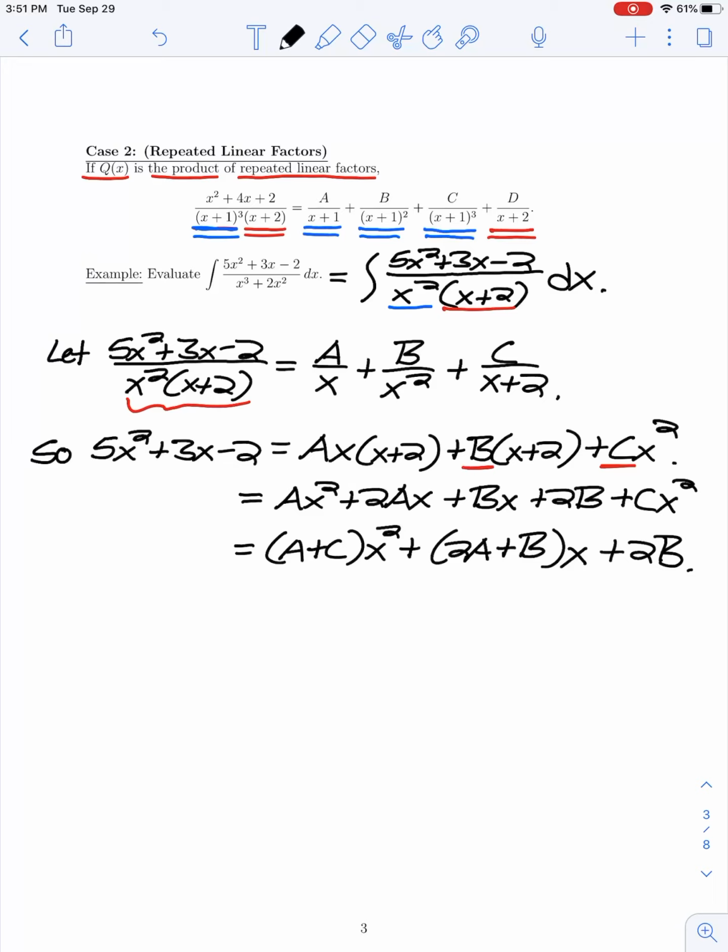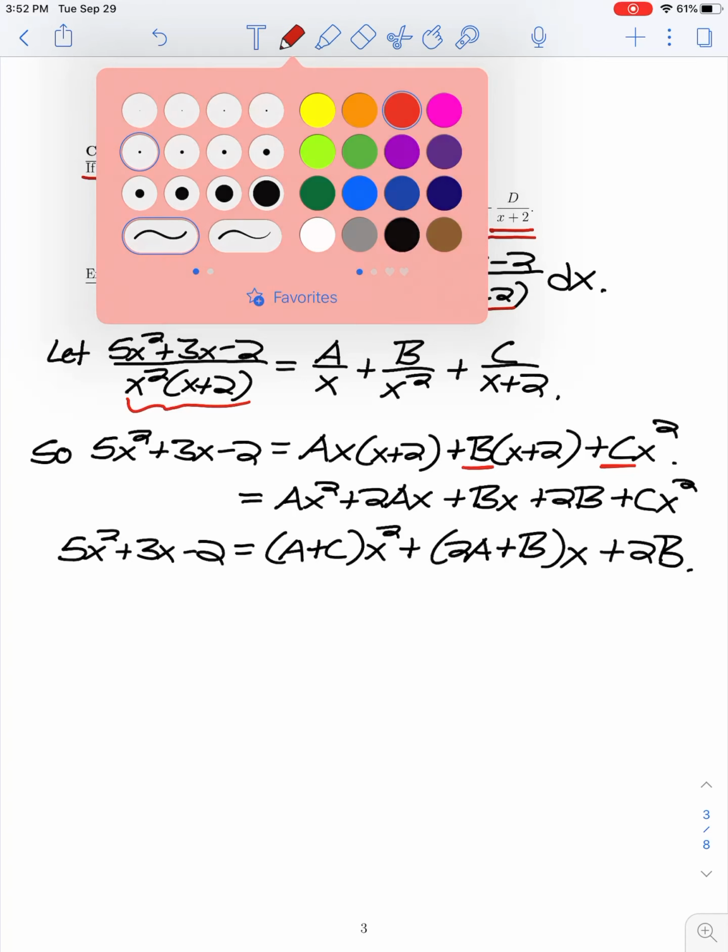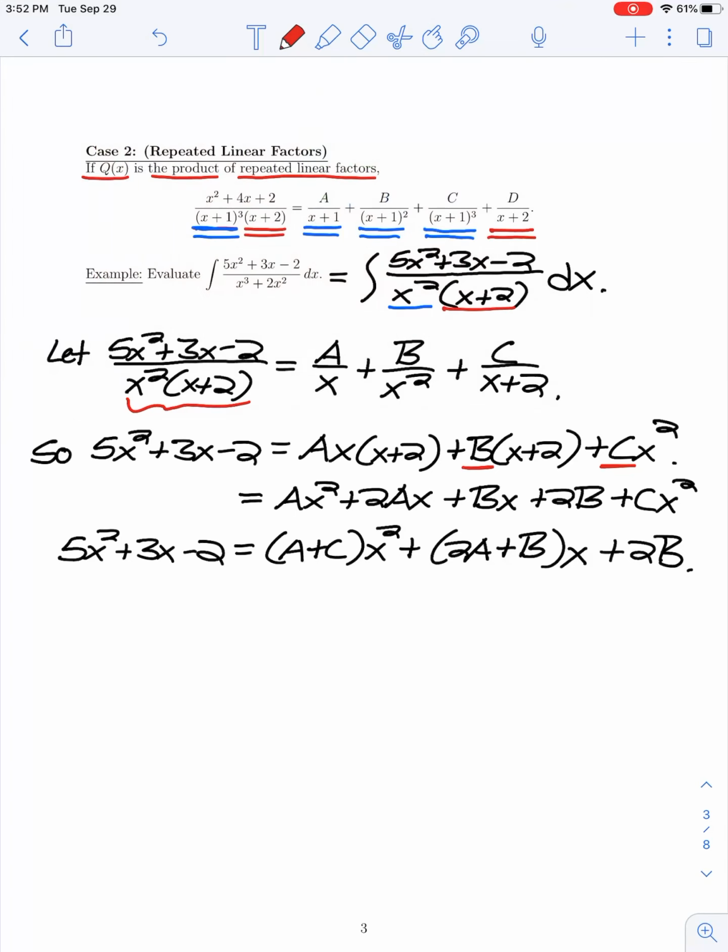Now, to solve for my coefficients, I know in order for this equation to hold, if I copy down my left-hand side of this equation again, I know that these functions on the left and right-hand side of this equation must be the same. So the coefficients must agree for each term.